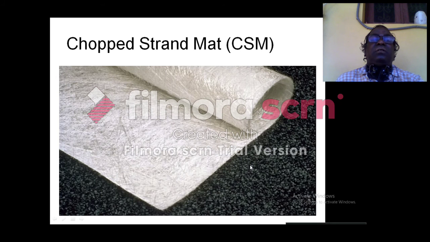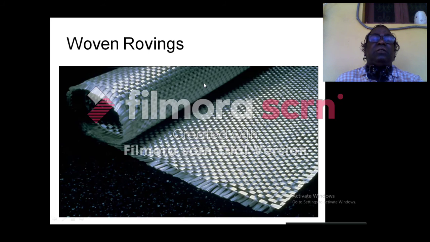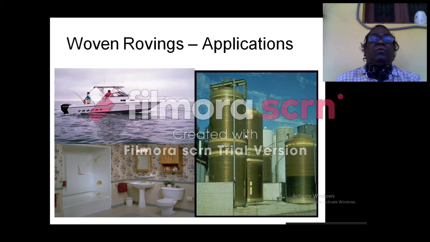This is chopped glass fiber in the form of a mat. It is called CSM, chopped strand mat. This is the woven mat. The glass fiber is woven and in the form of a mat. So each type of fiber process is used in different applications.